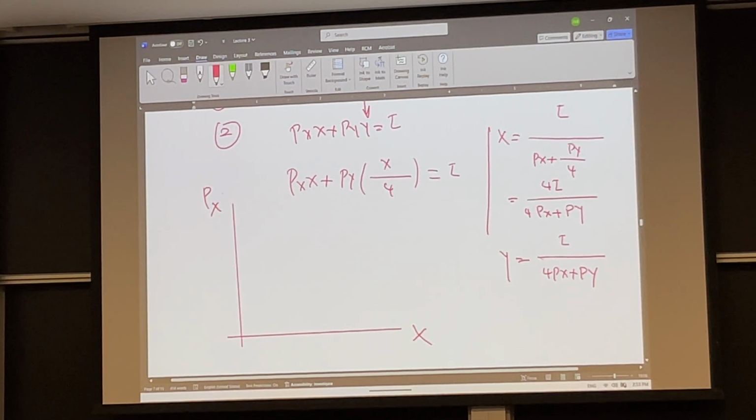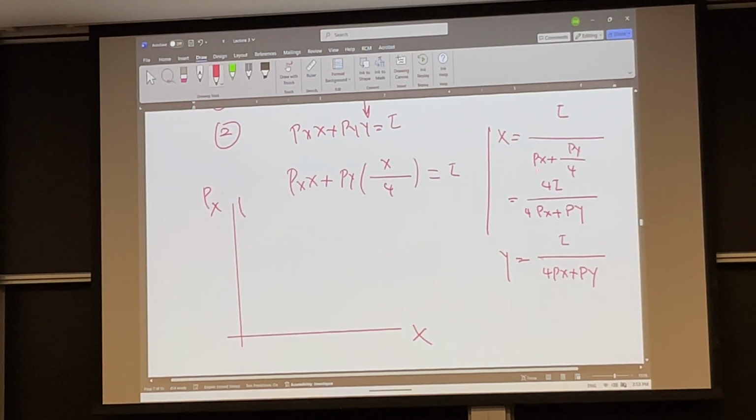Use your math imagination. Graph this one. If price of x goes to infinite, how much will be x? 0. So that is this side. Converges to 0, right? That looks like Cobb-Douglas.